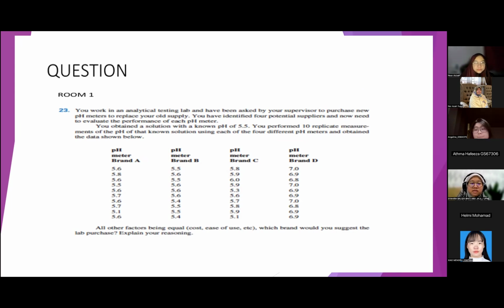From this data, we have brand A, brand B, brand C, and brand D. So the question is, which brand would you suggest for the lab to purchase? So I will pass to Aziza to explain the first part of the presentation.